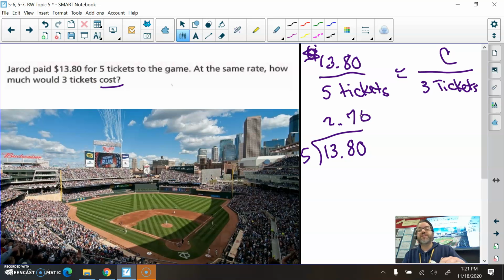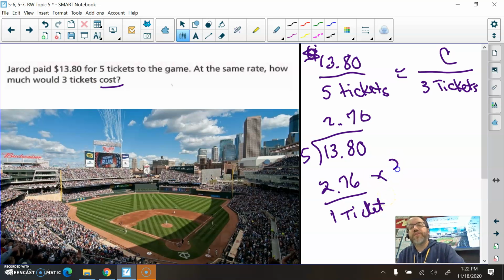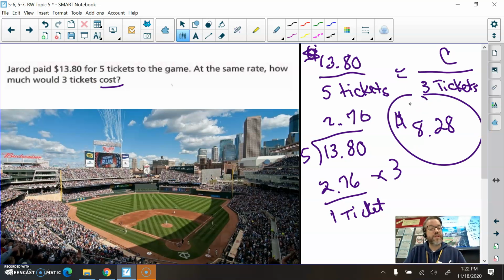Yeah, $2.76 per ticket. Okay, I'm going to write that down. $2.76 for 1 ticket. Now that you know that, just go ahead and multiply by 3 to find the cost for 3 tickets. And I'll do that right now, and I get $8.28 for the cost for 3 tickets. That's it. I'm out of time.